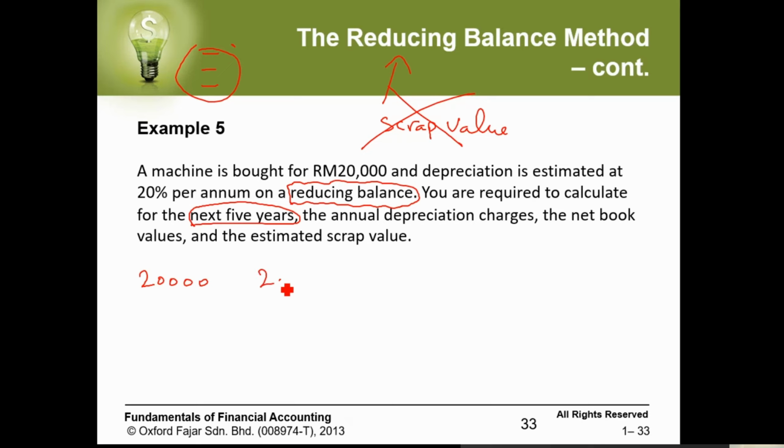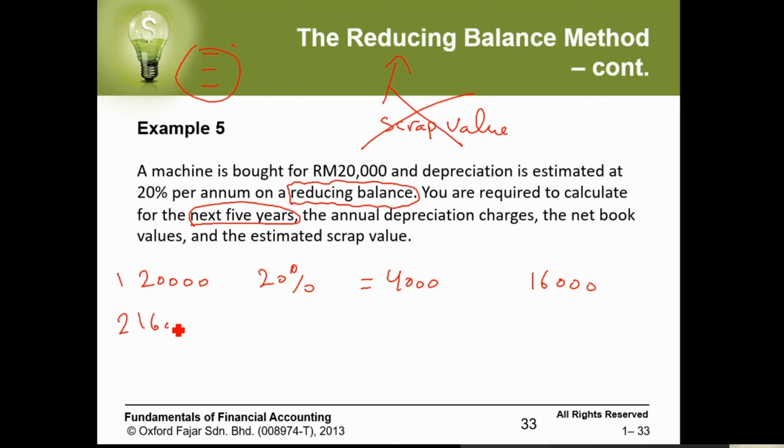For the first year it is 20%. 20% of the 20,000 is how much? It is 4,000. So the carrying value will be 20,000 minus 4,000, which is 16,000. Then this is year number 1.